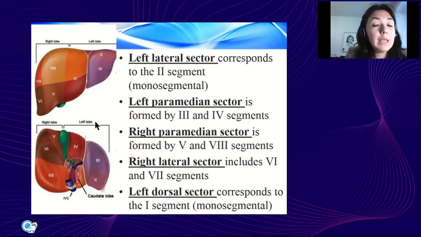Left paramedian sector is formed by the 3rd and 4th segments, and right paramedian sector is formed by the 5th and 8th segments, and right lateral sector includes the 6th and 7th segments, and left dorsal sector corresponds to the first segment, so it is monosegmental.